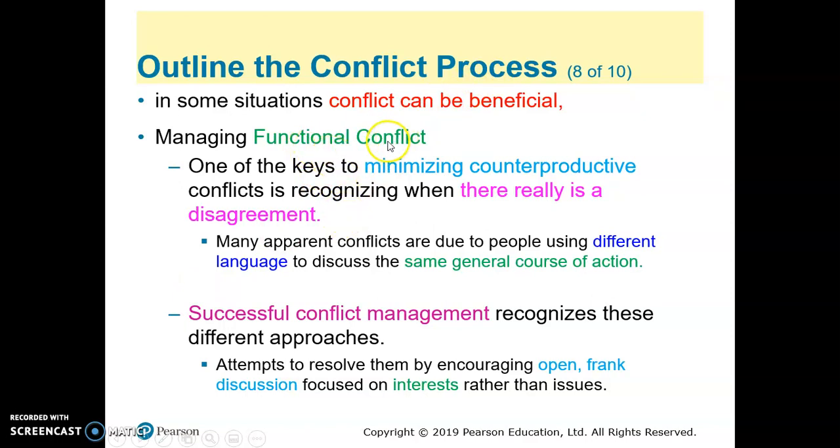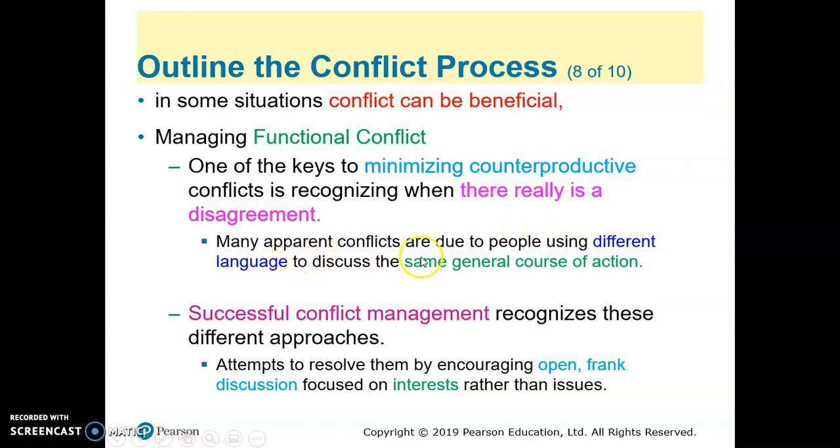So one of the keys to minimizing counterproductive conflicts is to recognize when there is a disagreement. It is important, in order to minimize something negative or counterproductive in the organization, to recognize that there really is a disagreement.